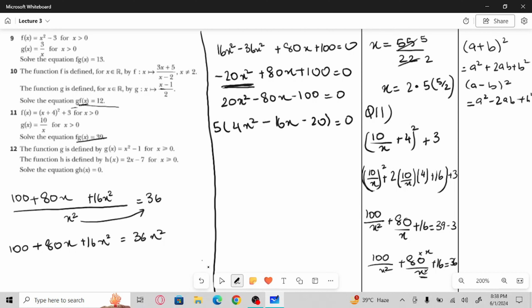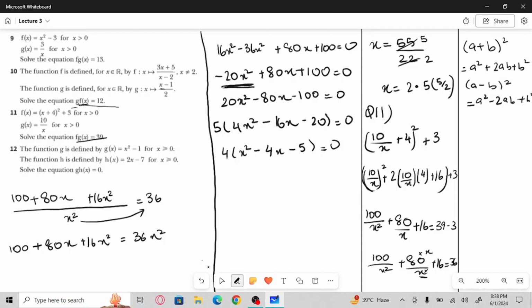And I think that it can be further factorized. By 4, it will be x squared minus 4x minus 5 is equal to 0. And the reason why I didn't multiply this by 2, by the way, I could have factorized this by 20.